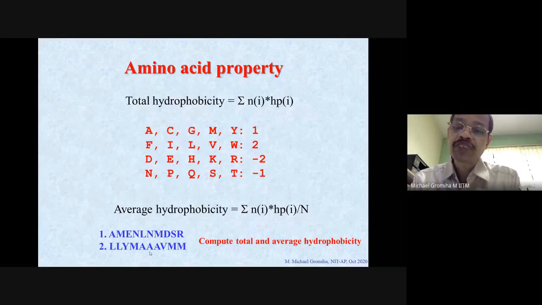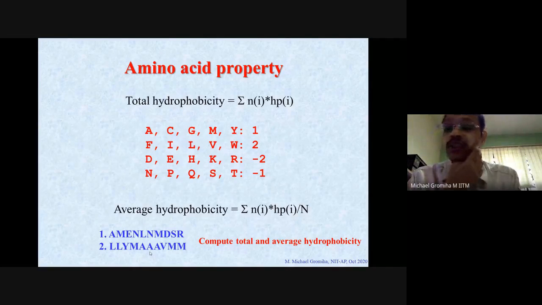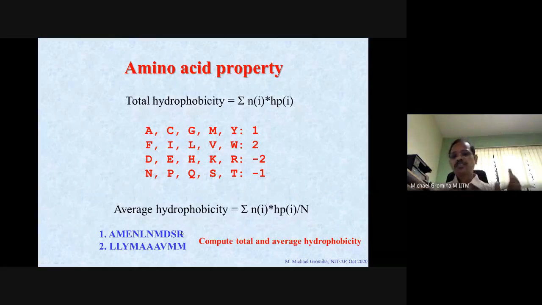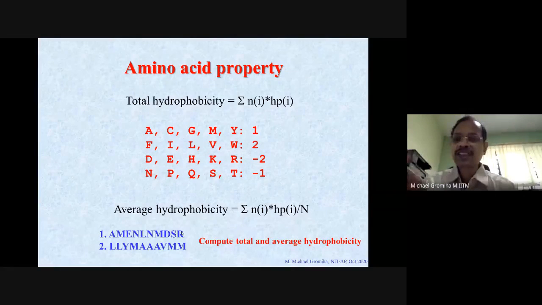So more positive means this residue stretch is highly hydrophobic. The second sequence is completely hydrophobic residues, and the first sequence has a lot of polar residues and charged residues, right? So this will tell you some of the characteristic features of proteins.